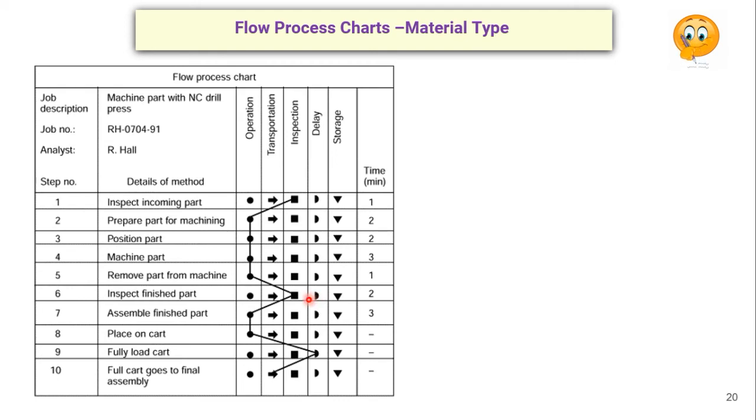Inspect, so again a rectangle. Assemble the finished part, place the part, operations. Then fully load the cart, it's a delay. And then we transport the cart. Okay, so this is a transportation symbol.